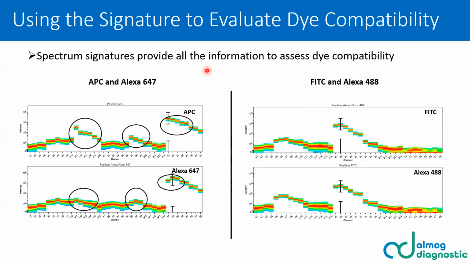This is because the peak emission is almost the same. Here in spectral flow cytometry, we can see that there are quite a few differences, meaning we can use them together, and Aviva will go over it later.